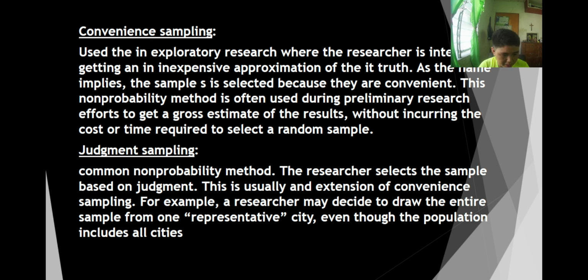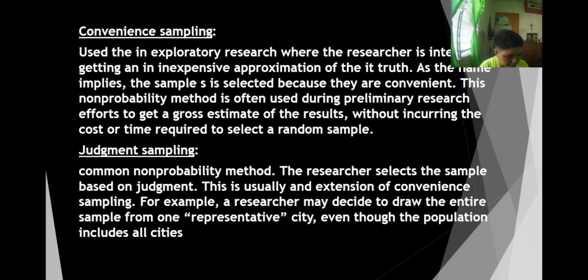This non-probability method is often used during preliminary research efforts to get a gross estimate of the result, without incurring the cost or time required to select a random sample. So the next sampling method is judgment sampling.